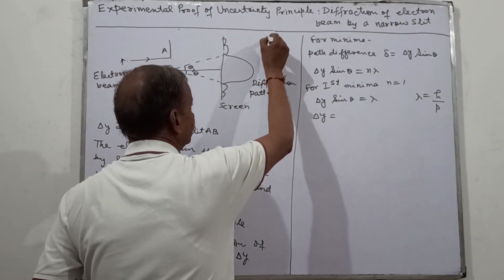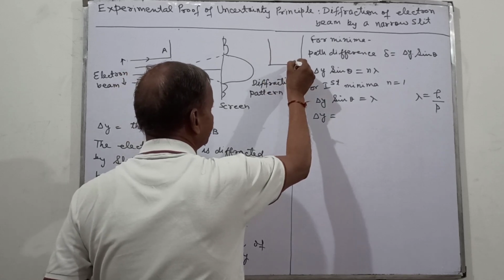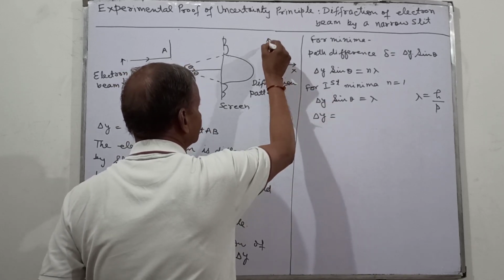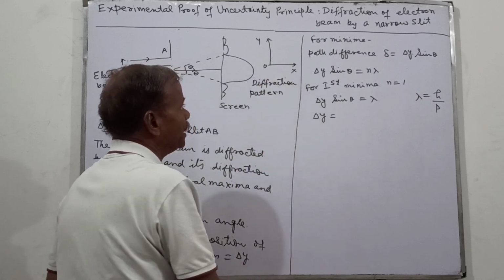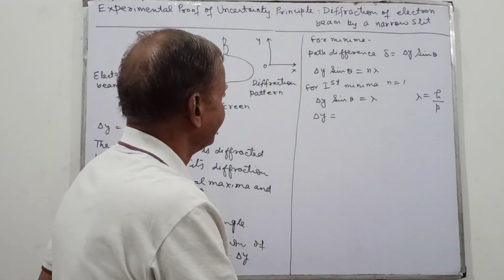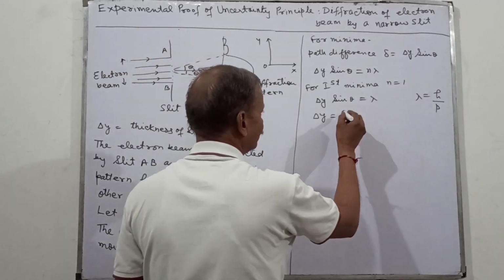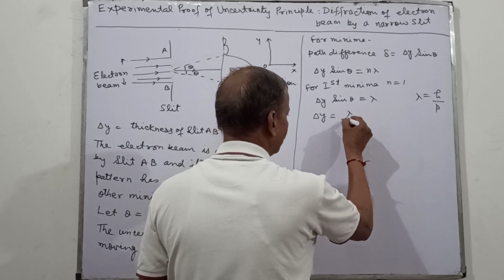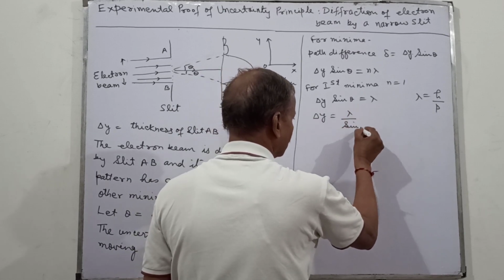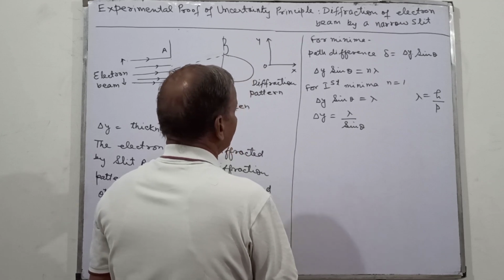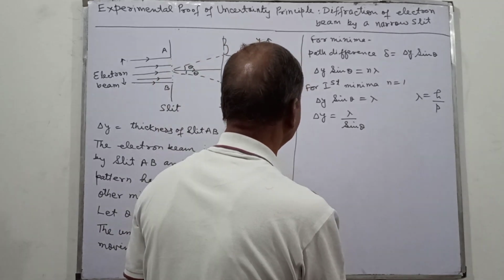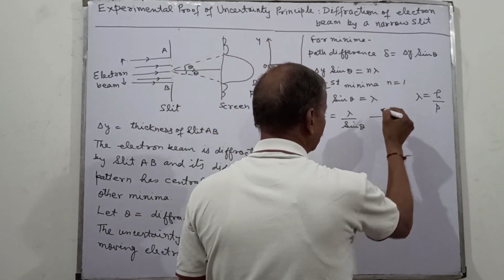So now we are having this in this way, this is x axis and this is y axis, this is now electron beam. So this is equal to lambda upon sin theta. This is number 1.